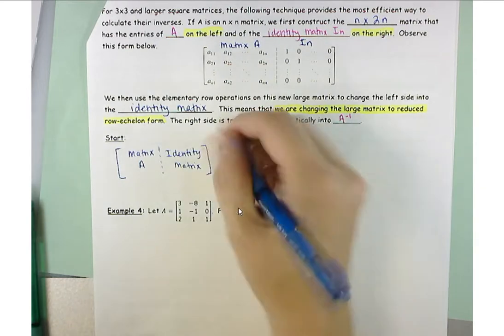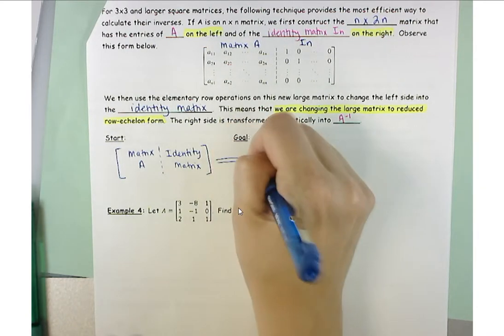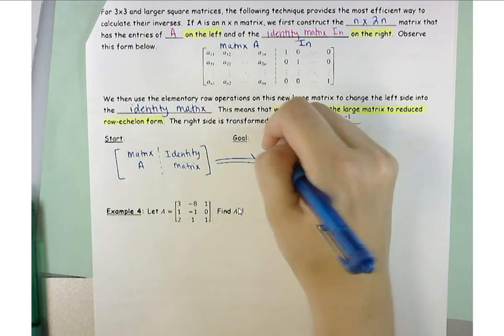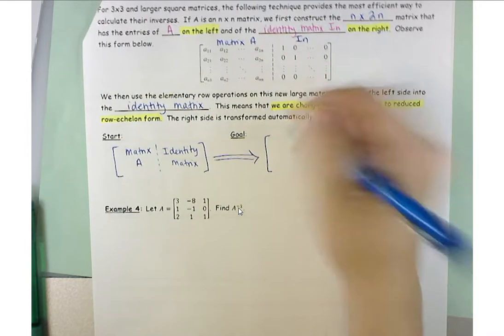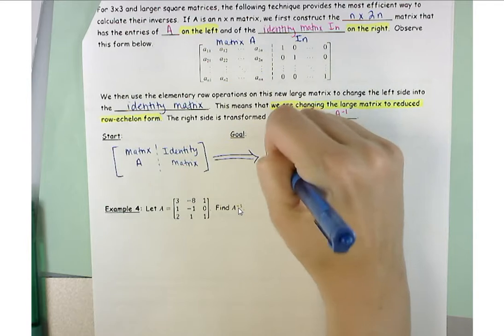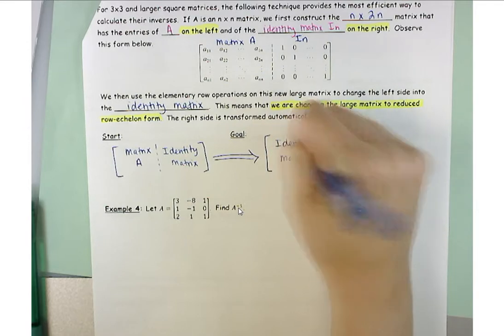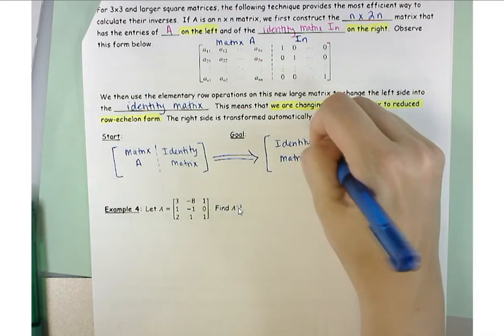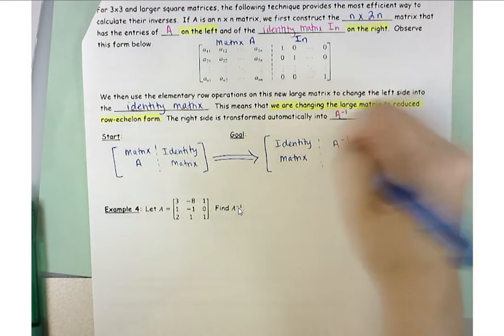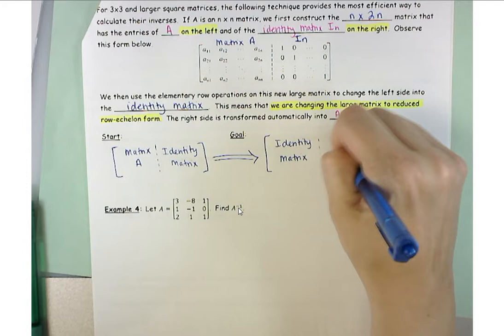And then our goal, which we're going to achieve through utilizing our elementary row operations, is going to be to have the identity matrix now on the left side. And then what you'll have here is the inverse of matrix A.